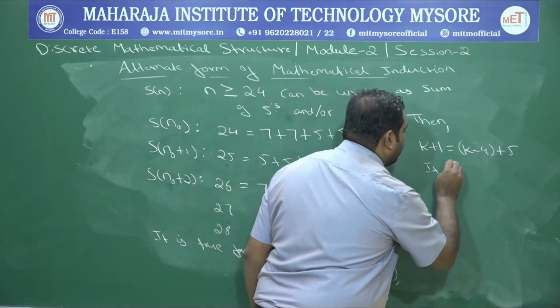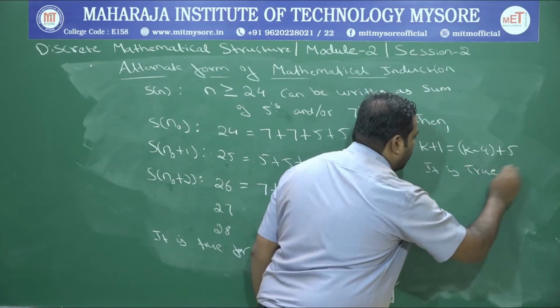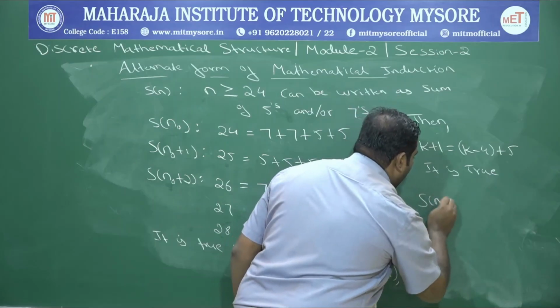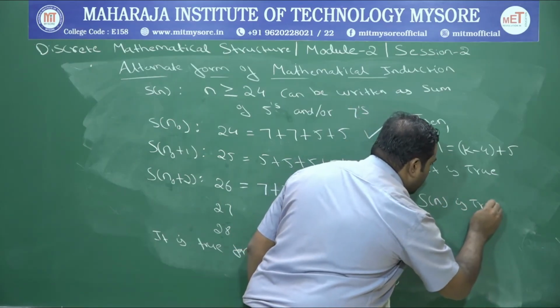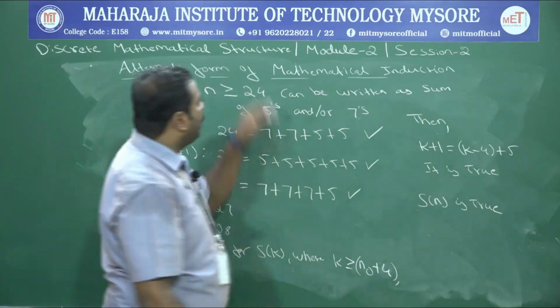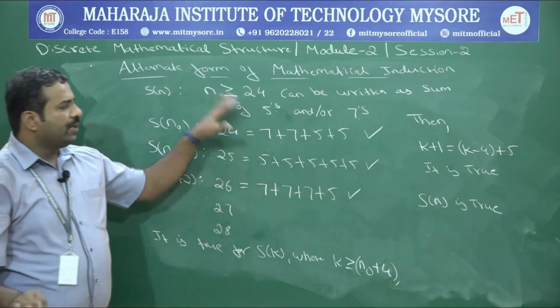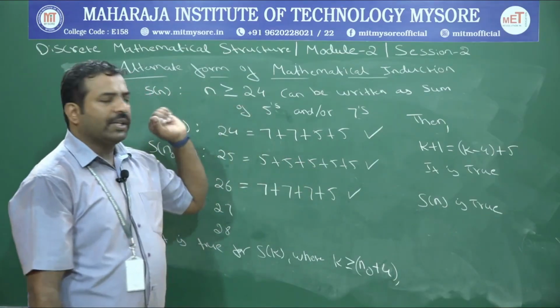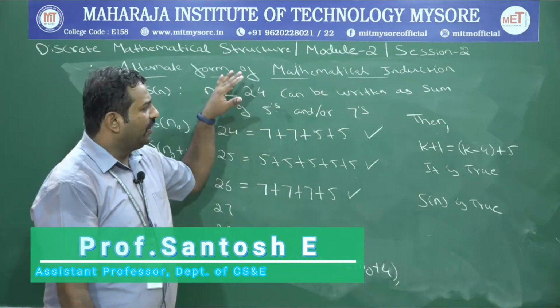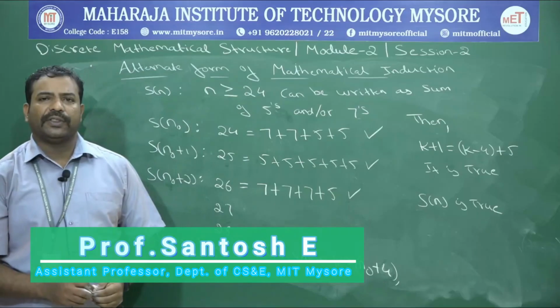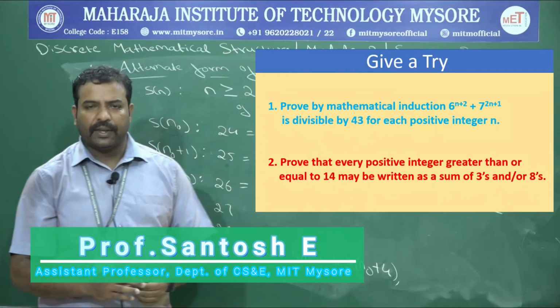Hence it is true, and for this reason S of n is true. So I am using the alternate form in mathematical induction to prove whether the given statement is true or false. In the same sense, you can check out the problem I have given. Thank you.